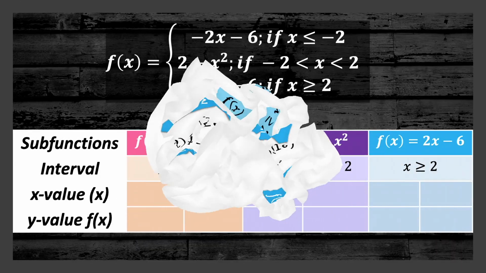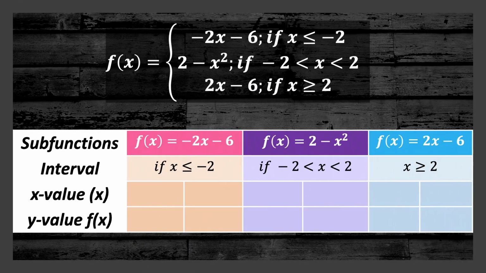To sum it up, the y value of negative 5 is positive 4. The output of the input negative 11 is positive 16. The range of the domain 0 is positive 2.